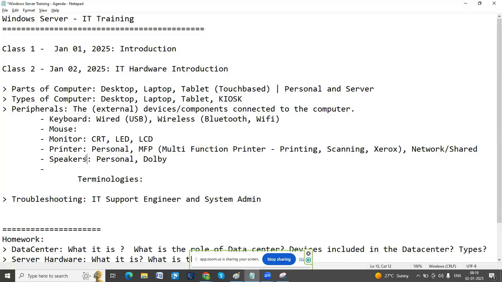What are the extra things you are connecting? You can say BYOD devices, for example a USB stick. That is also one of the peripherals. Like external devices, USB device, CD device, those all come under peripherals. Externally, you are able to connect them.